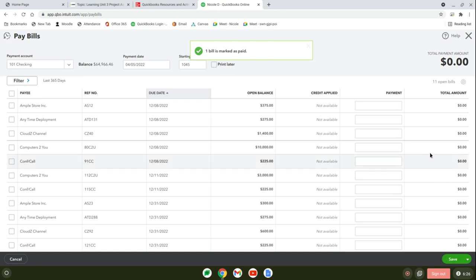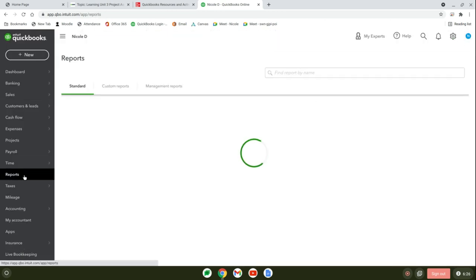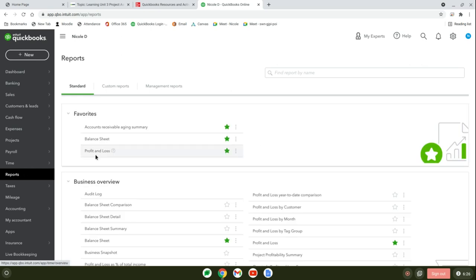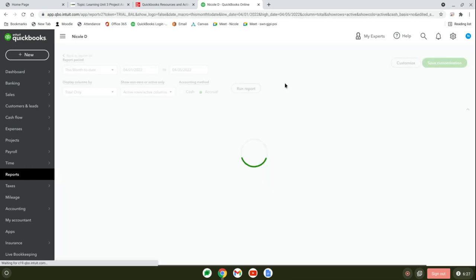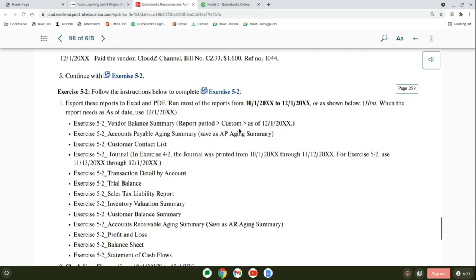So we're going to save those 2 reports. I am going to bring them up for you since they don't have that information in there. So you're going to type in trial balance, and you're going to put the dates that I have in the book. It says 10/1 to 12/1. That's going to be for all of these, but we're only saving trial balance and balance sheet.